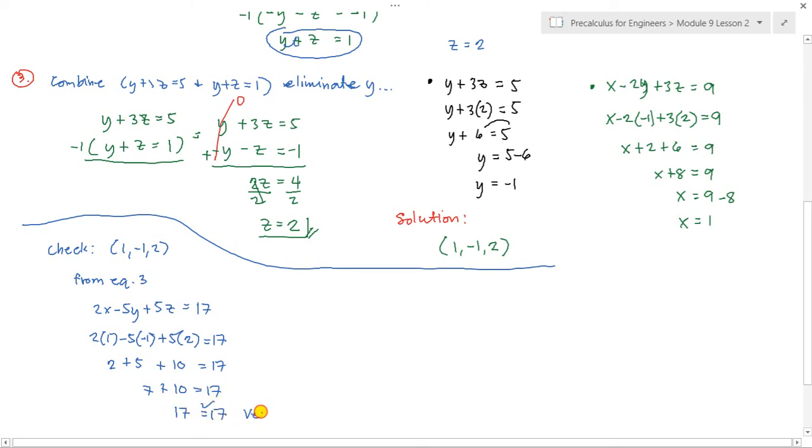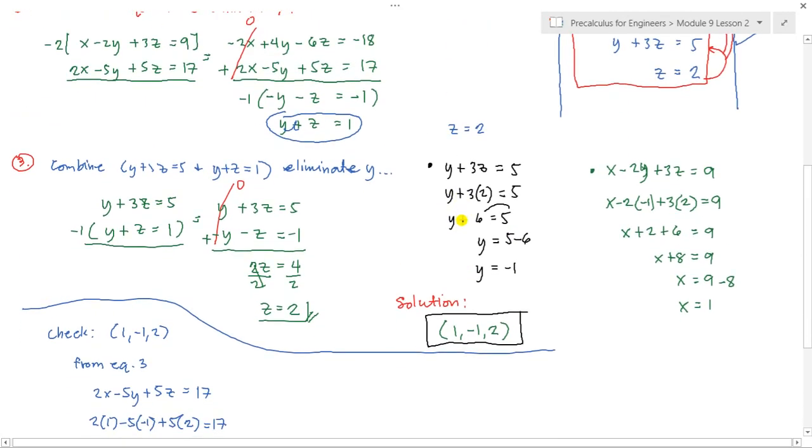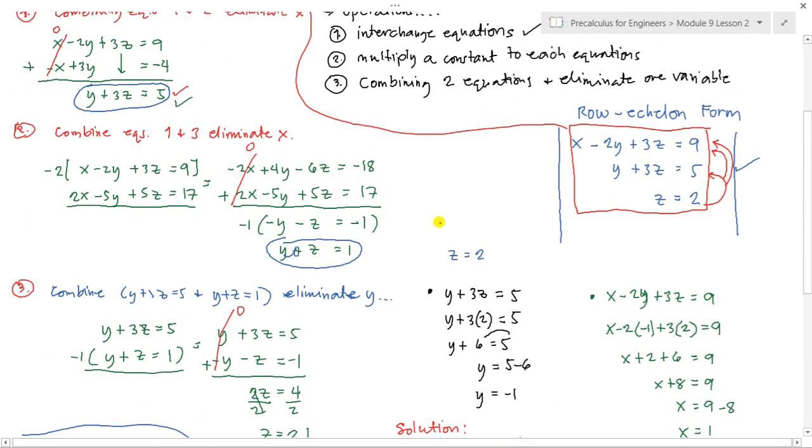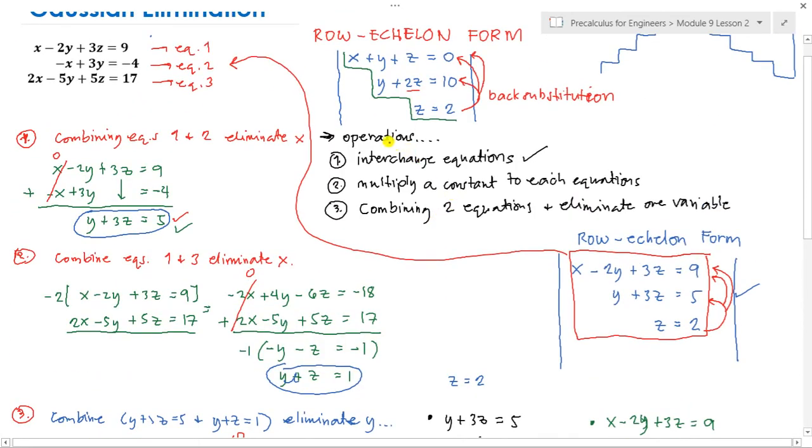As you notice, we verified that our solution is correct. So, therefore, our answer is 1, negative 1, and 2. You can also check the rest of the equations. Still, it is verified. So, that is how row echelon works. Again, don't forget these operations.